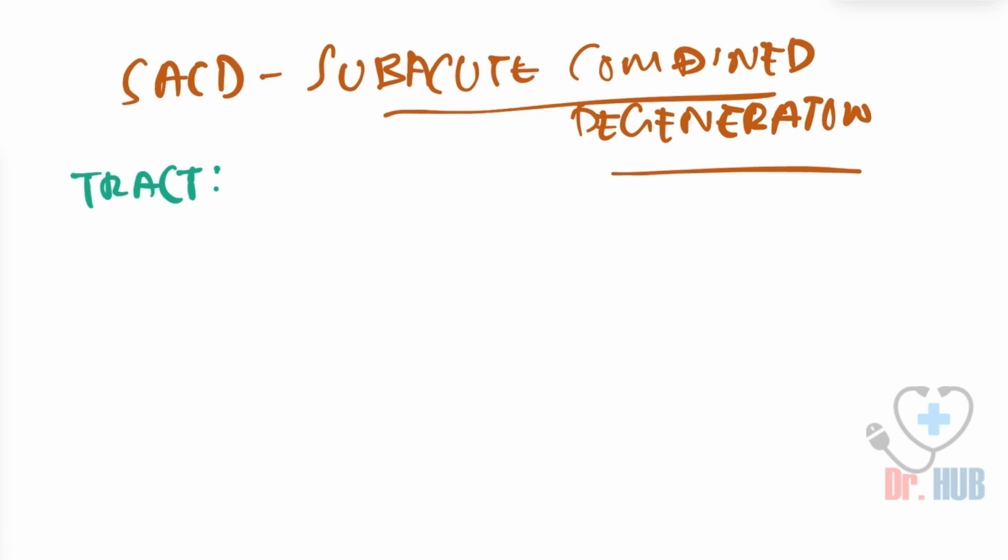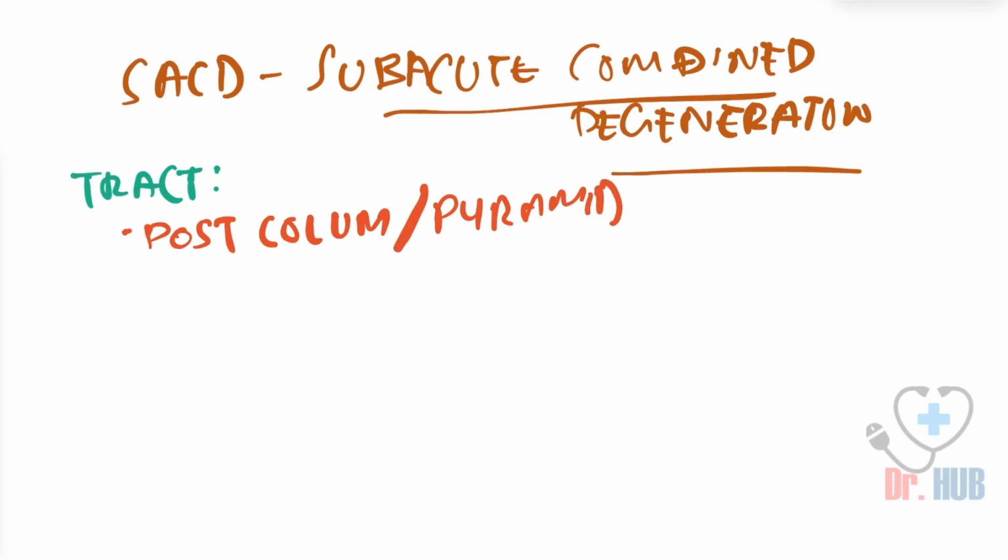The tract involved is the posterior column, then there is the pyramidal. So this is similar to that of the Friedreich ataxia, so pyramidal, but here there is a change. There are also the peripheral nerves.